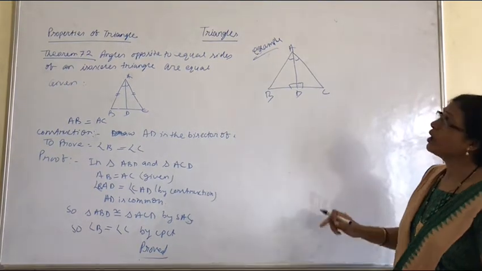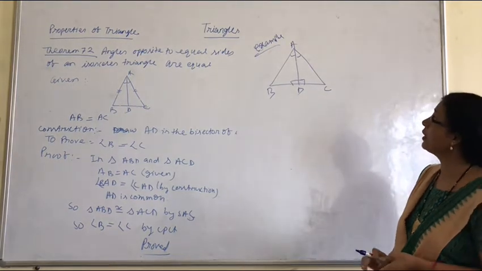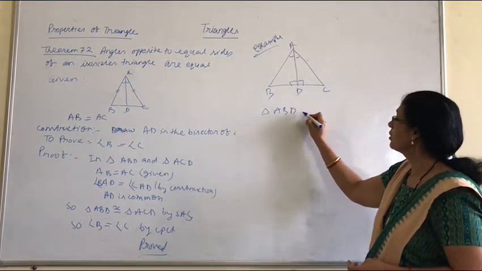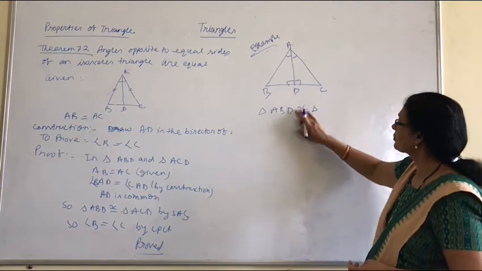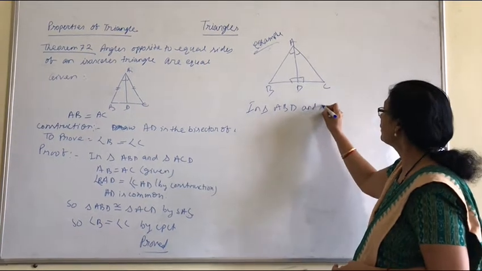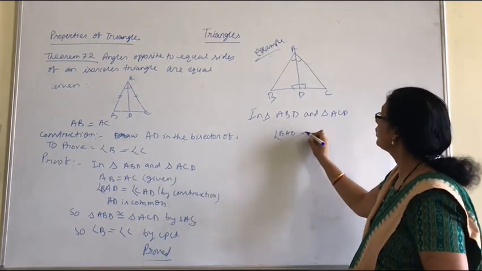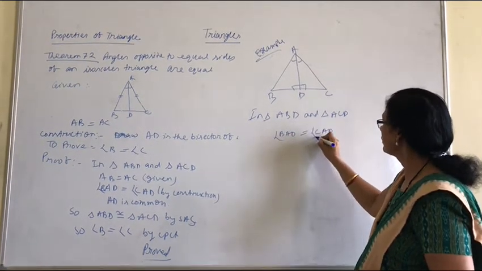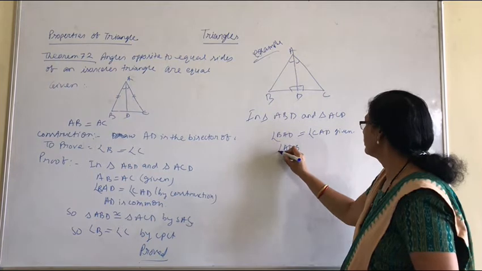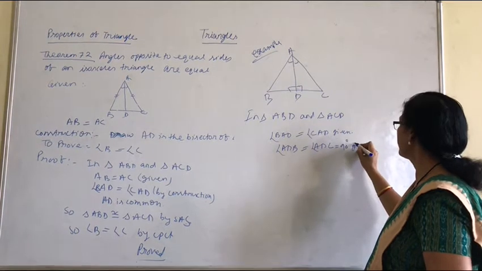Very simple. So how do you do? You have to prove the congruence of ABD and ACD. How do you prove the congruence? Okay, let's prove. In triangle ABD and triangle ACD, angle BAD is equal to angle CAD, given. Angle ADB is equal to angle ADC, equal to 90 degrees, also given.